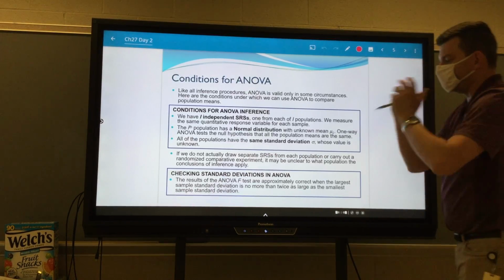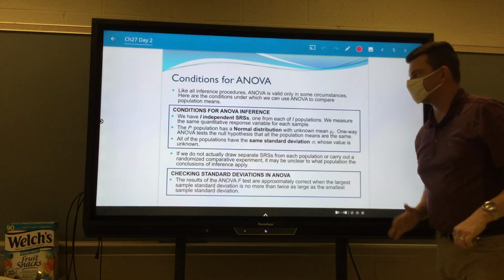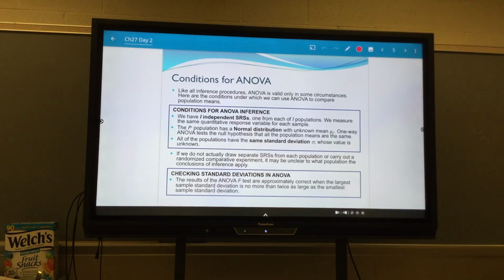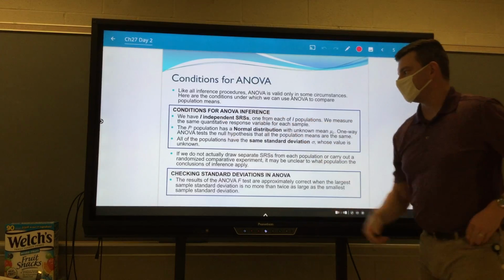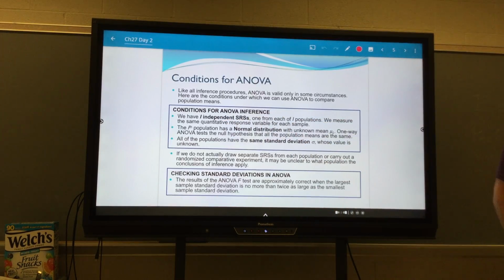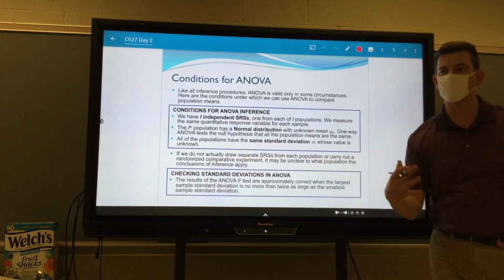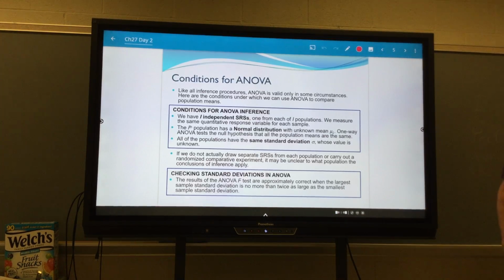So in order to use ANOVA, like all inference procedures, ANOVA is valid only in some circumstances. Things that we are checking for: we need independence from each of our populations. Independent, simple, random samples. Okay? Not a surprise there. It's been a requirement.